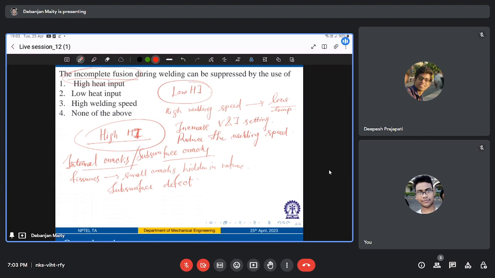Mostly in the case of multipass welding you come across these cases, and the main reason is insufficient welding current, as I was saying here. Many a time you have the offset of the electrodes from the axis, or high welding speeds; those are also reasons for lack of fusion. So just like the undercut, this also reduces the strength and can cause failure of the component, right?